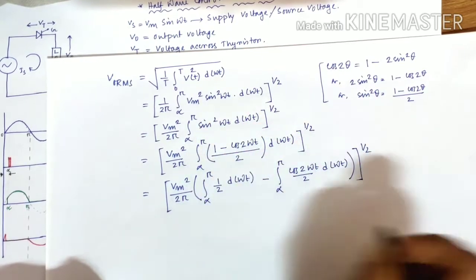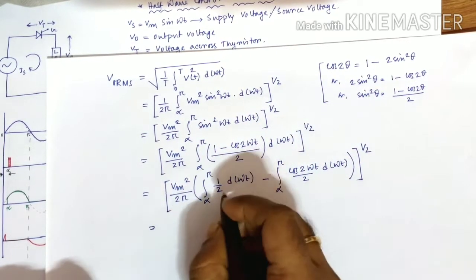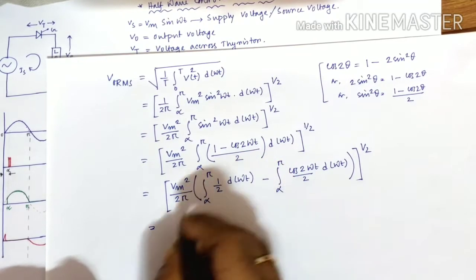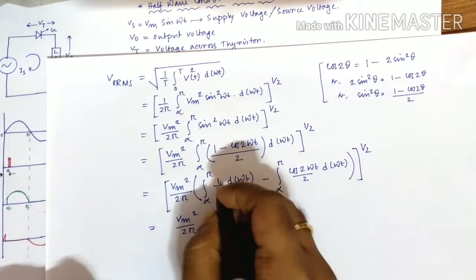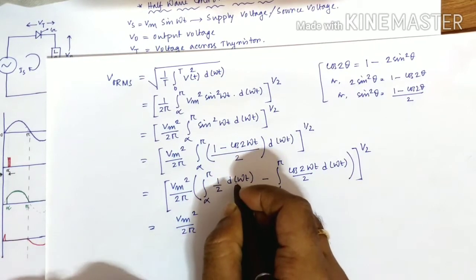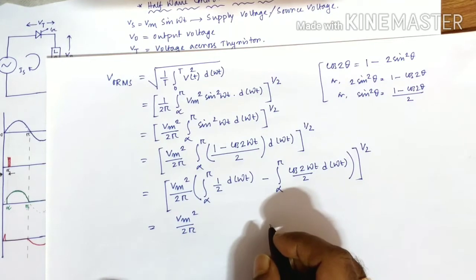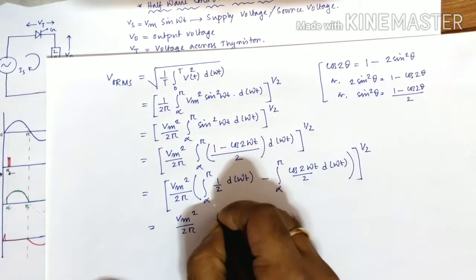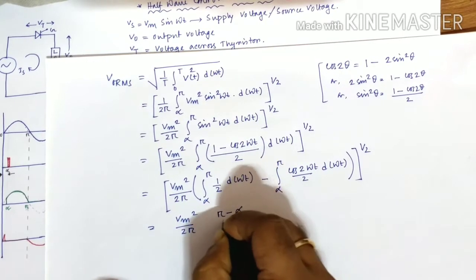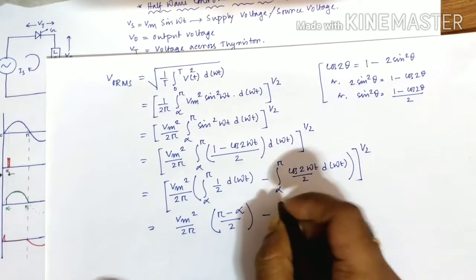I have simplified this one into two sections. Then what will happen? Vm square by 2 pi. If I do the integration of this one, then what I will get? I will get only t. Then put that value alpha to pi, so it will become (pi minus alpha) by 2. I have put the value here directly.